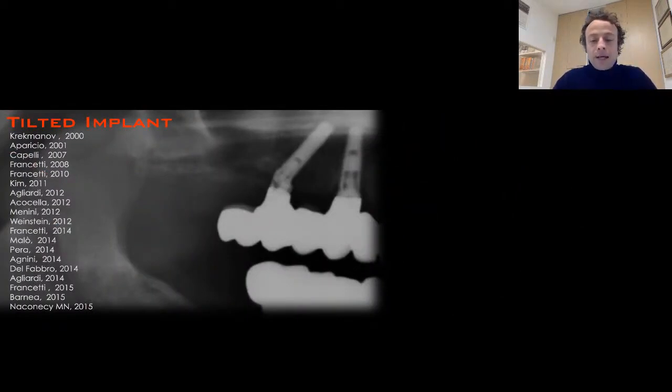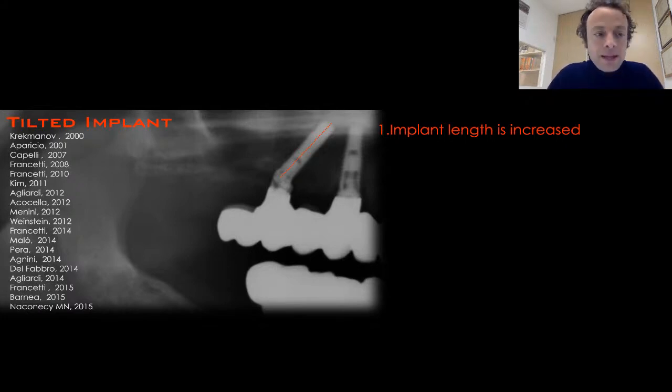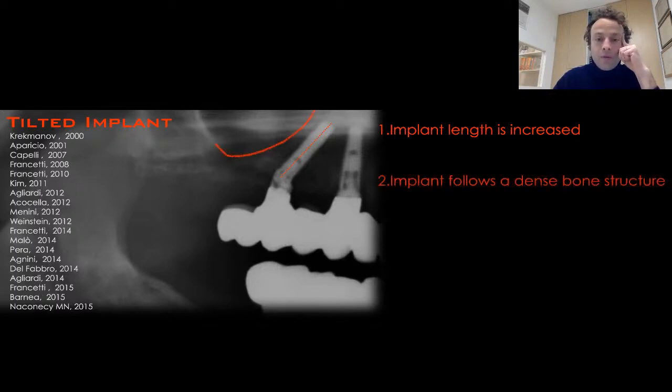And then I want again to stress with you some aspects of the tilted implant from the prosthetic point of view. For sure, when we place a tilted implant, we have the chance to place an implant that is longer respect the traditional one.